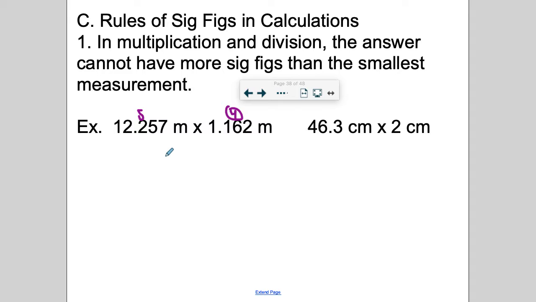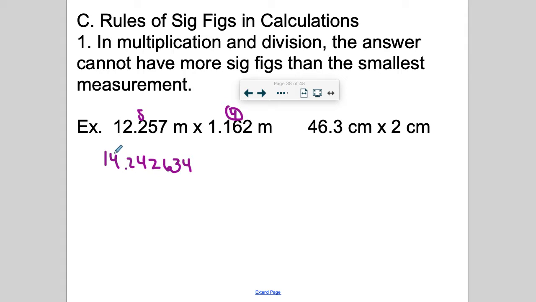So you'd punch it in your calculator, 12.257 times 1.162. And I get a really long number here. I'm writing it all out. Okay, so my answer has to go to 4 sig figs.